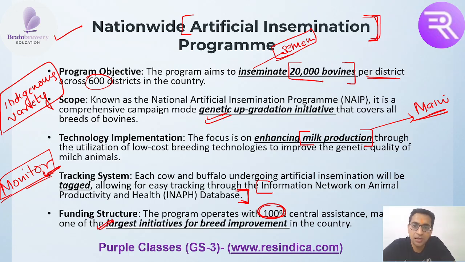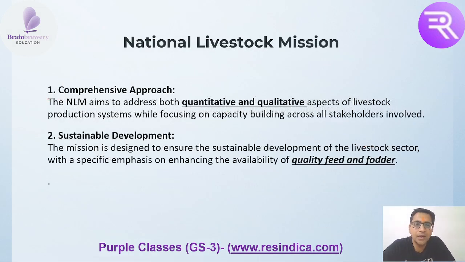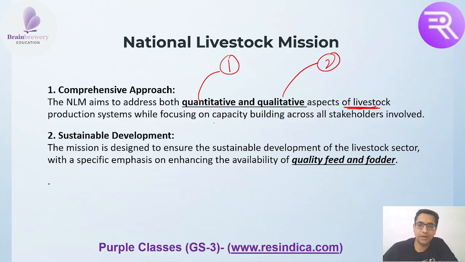Then comes the very important National Livestock Mission. It is a holistic coverage of all the livestock in our country. The focus is on the quantitative and qualitative aspects of livestock production and capacity building. Here we are increasing the quantity and quality of all the livestock in our country.